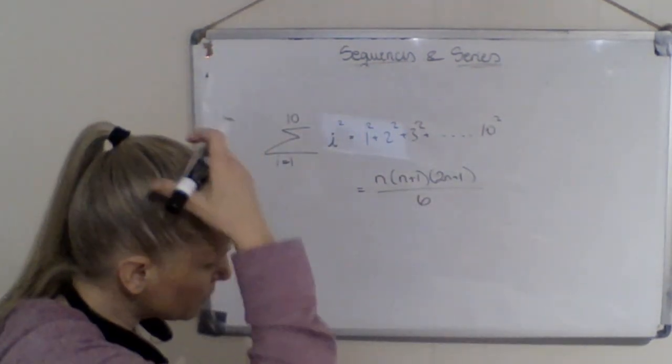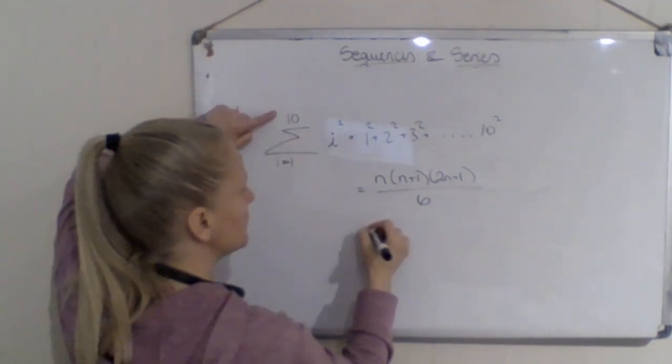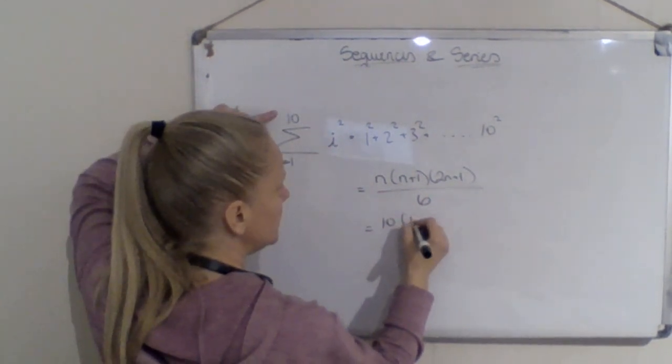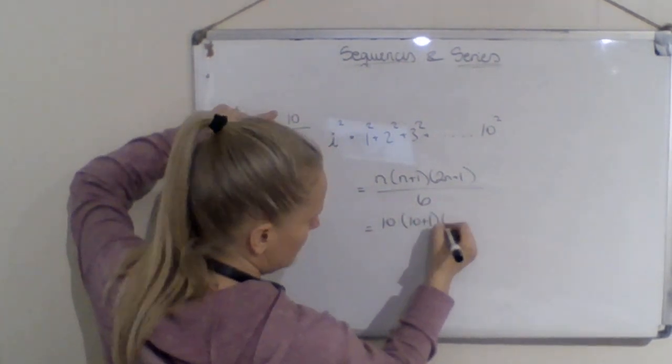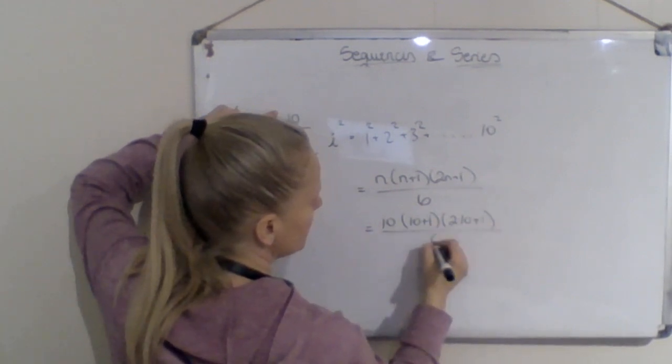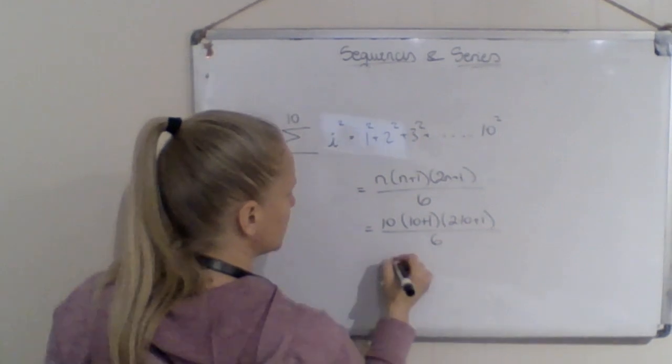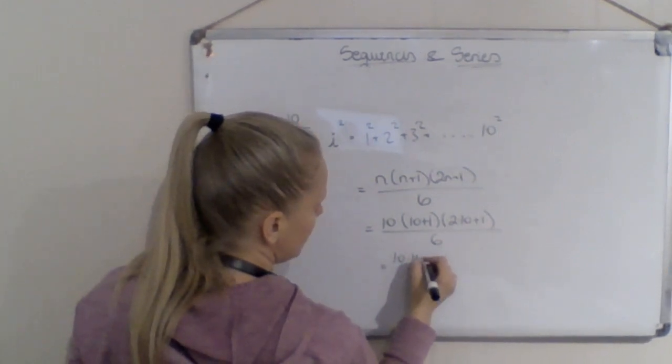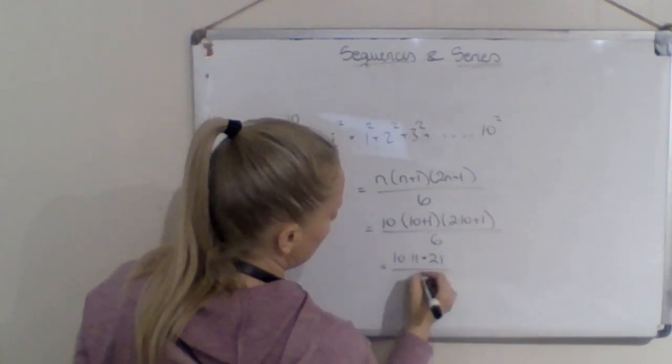So how many terms do we have here? We have 10, so this becomes 10 times 10 plus 1 times 2 times 10 plus 1, all divided by 6. This becomes 10 times 11 times 21, all over 6.